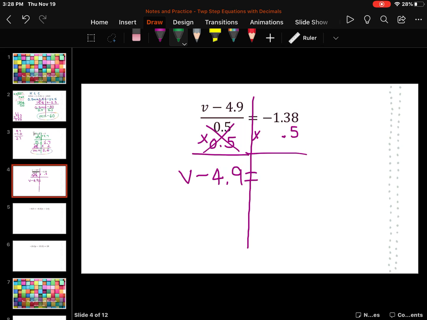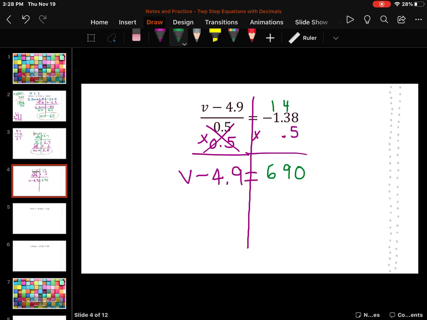So let's do this. 5 times 8 is 40, put a 0, carry the 4. 5 times 3 is 15, plus 4 is 19, so I'll put a 9, carry a 1. 5 times 1 is 5, plus 1 is 6, so I'll put my 6, but don't forget your decimal.